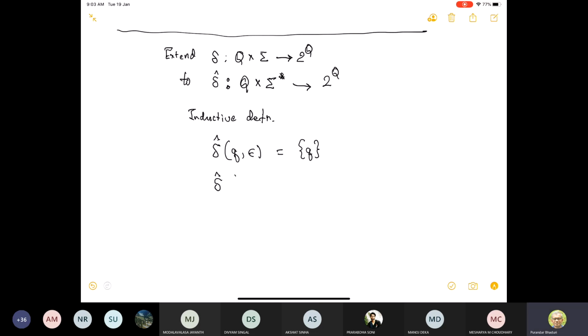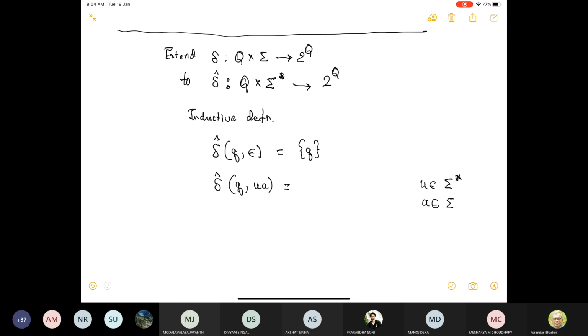And for a string of the form UA, where U is in sigma star and A is in sigma, again remember that this is a set.